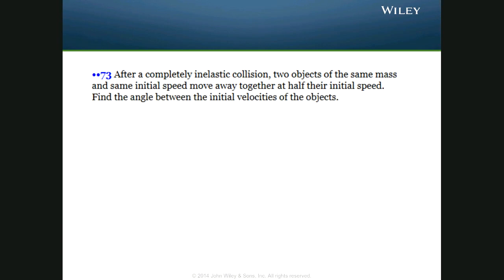I'll read it first. After a completely inelastic collision, 2 objects of the same mass and same initial speed move away together at half their initial speed. It wants you to find the angle between the initial velocities of the objects. There are 3 steps to this. First, and the hardest step, can you draw it?